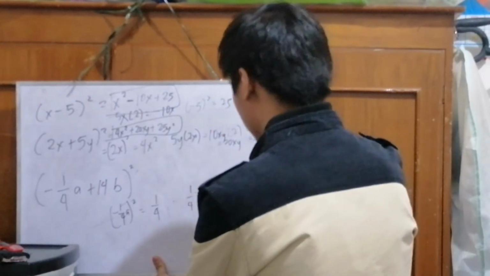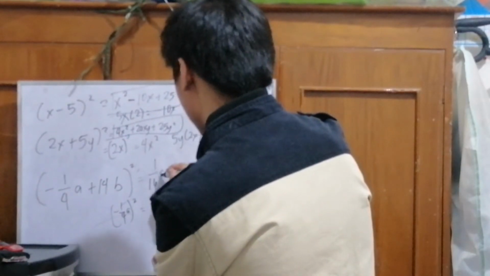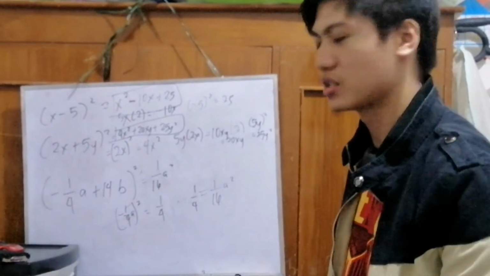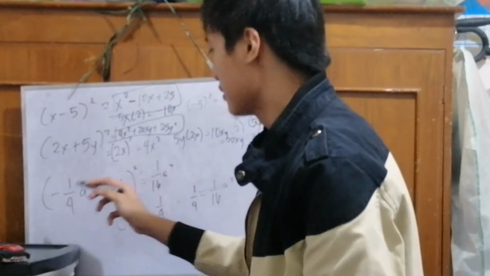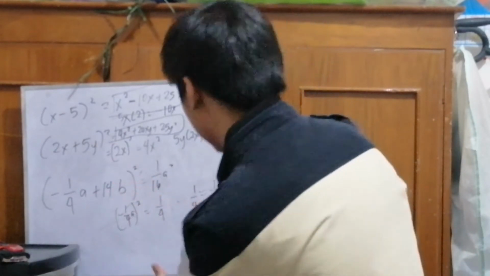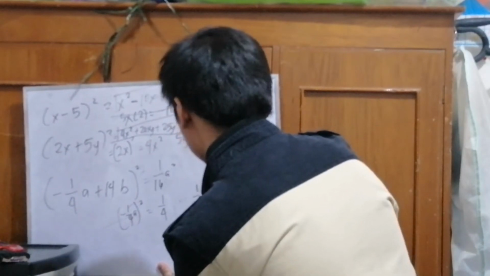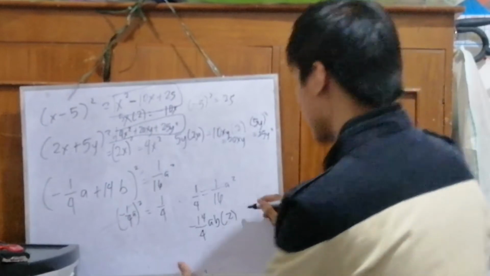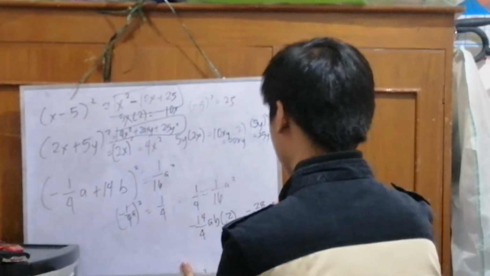And then, we're just going to add a squared, and then there you have it. 1/16a squared. Now, twice the product of the first and the last term. That is negative 14 over 4 ab multiplied to 2. That will give us an answer of negative 28 over 4 ab.